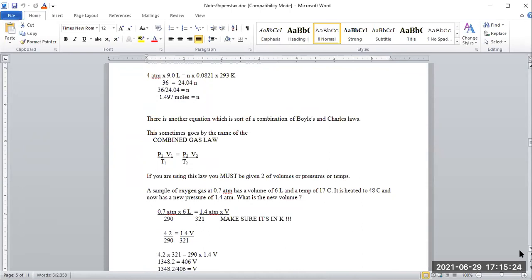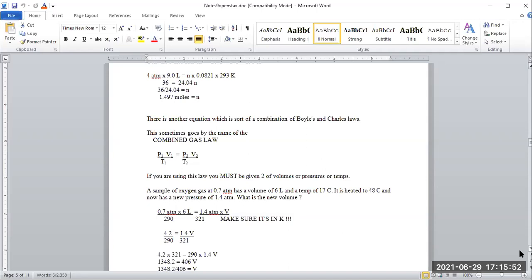Charles had volumes and temperatures as the top and bottom of your fractions. So if you mash it all together, you get this combined version, which has one set of variables, P1, V1, T1 on the left-hand side, and all sub twos on the right-hand side.